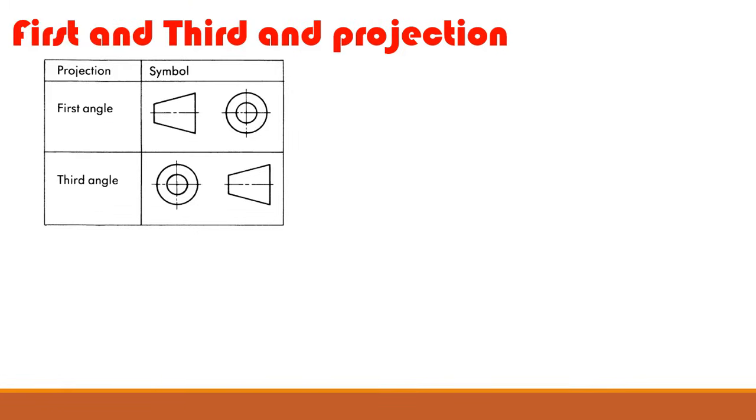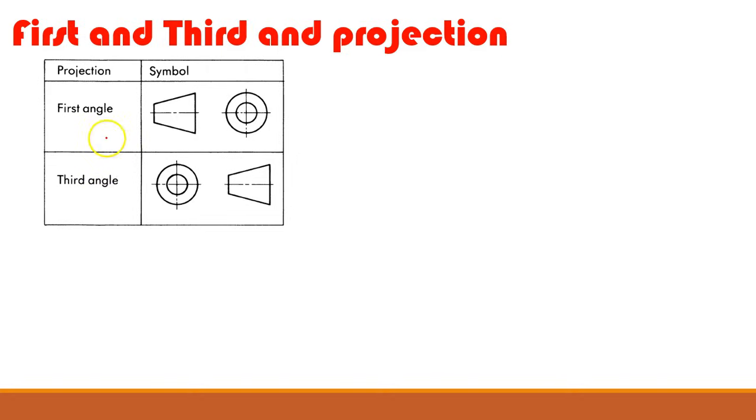Now, one important thing that can be very confusing, and it's mostly confusing depending on where you learned your engineering drawing from and where you first started seeing engineering drawings, where you've actually worked, is first and third angle projection. The first and third angle projection is just a different type of notation, how drawings are set up, particularly for orthogonal drawings.